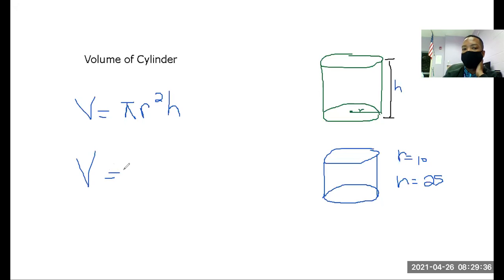So the volume is equal to pi, r is 10, 10 squared, times height, which is 25. Which ends up giving you 2,500 pi, whatever that turns out to be. So again, you just throw your numbers into your formula, and that's how you do the volume of a cylinder.